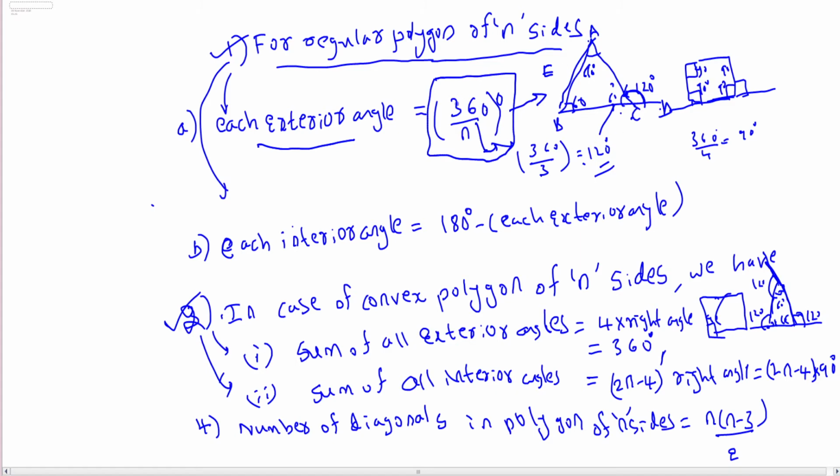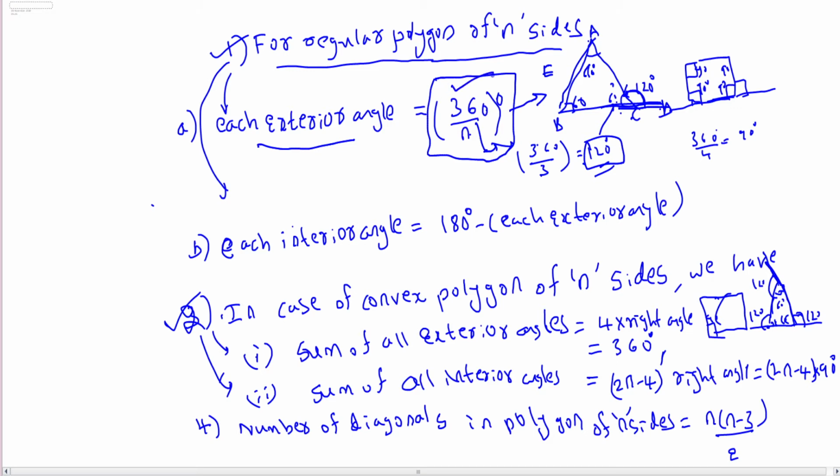Put the formula in: 360 upon n, where n is 3, so 360 divided by 3. Let us confirm how this comes. This is 60, this is 60. The straight line angle is 180, so 180 minus 60 is 120.